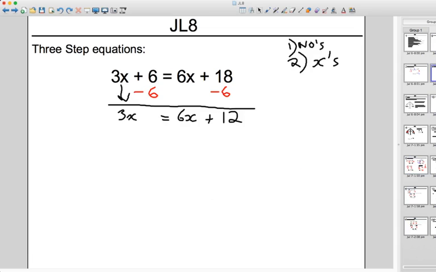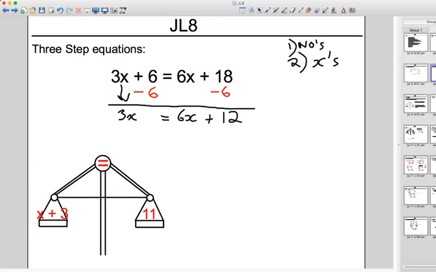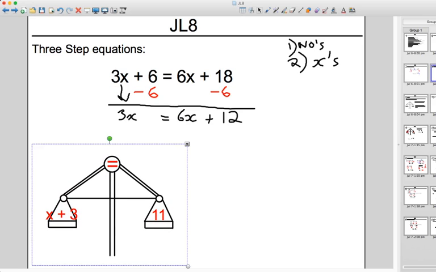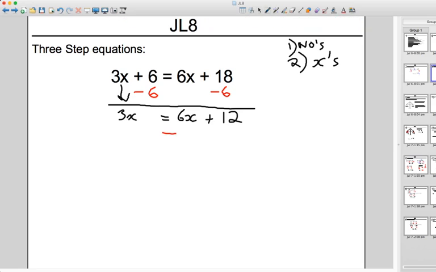Yeah, here we go. Remember on the scale that the x was always going to be on one side and then the number would be on the other. I need to keep this 3x on its own on the left. Okay, so I'm going to delete that now, which means I have to subtract the 6x on the right.